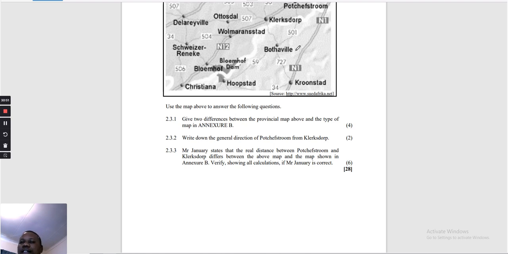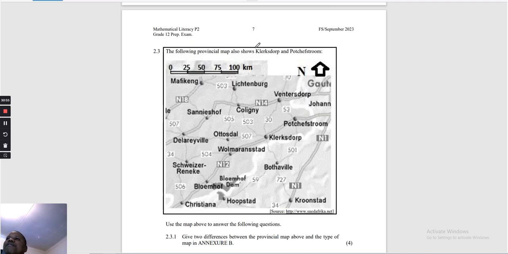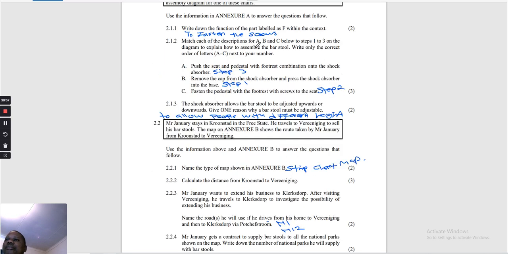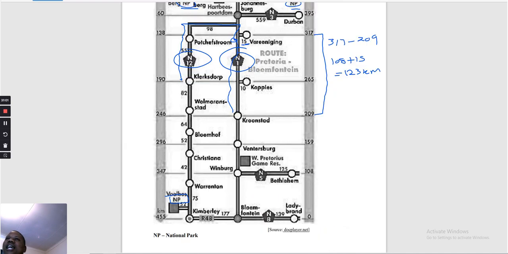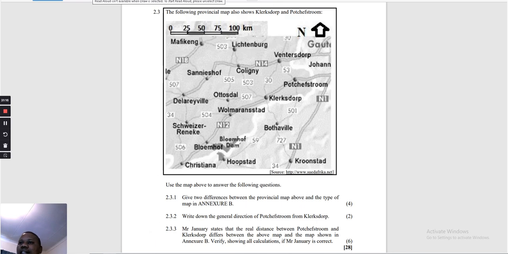Here are the differences, okay? If you look at this map, it just shows you the straight roads there. When you look at this map, it just shows you the straight lines there. So how can we differentiate between the strip chart and the provincial? Let me say the first one here.